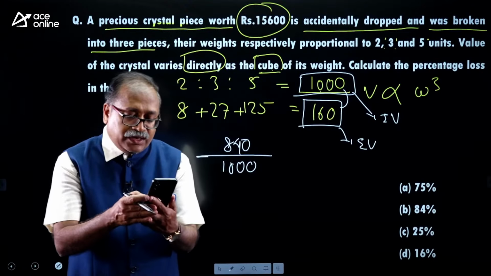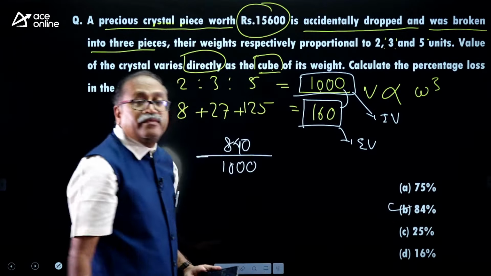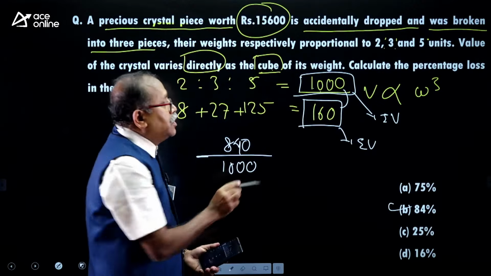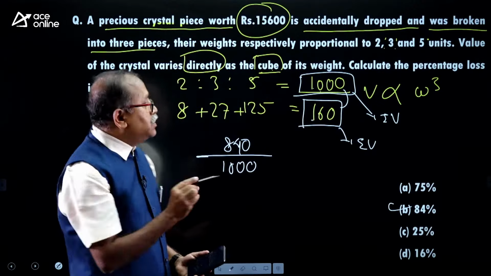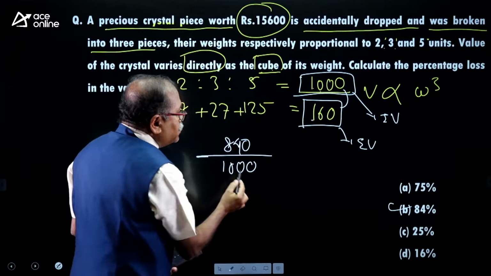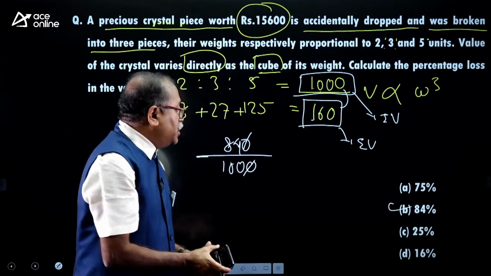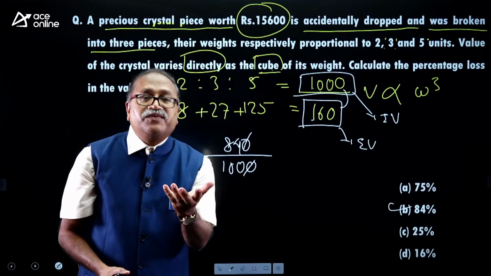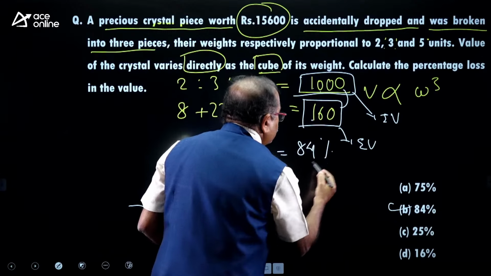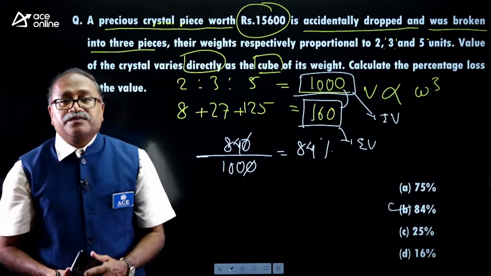That is 84%. 1000 was the initial price, and the end price is 160 after breaking up, so there is a loss of 840 over 1000. Cancel this one, 84 over 100. When the denominator is 100, the numerator itself is the percentage. So my answer should be 84%. That's all. Do we have the option? Yes, option B.